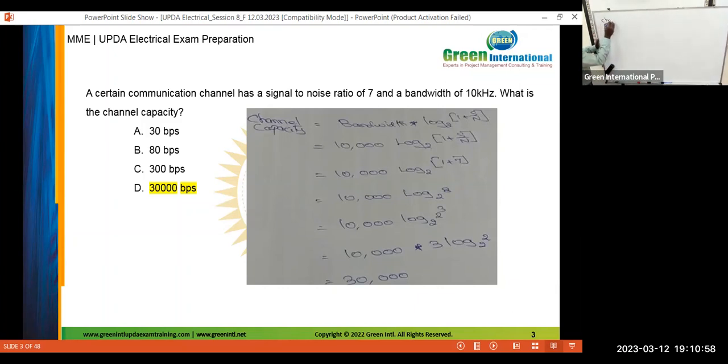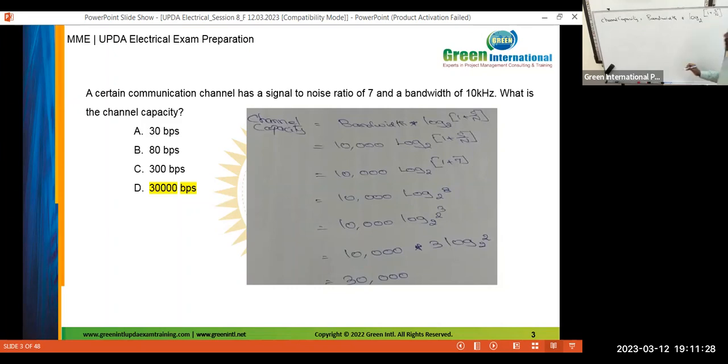So channel capacity is bandwidth into log 2 to the base (1 plus S by N). In this question they give the bandwidth and the signal to noise ratio.